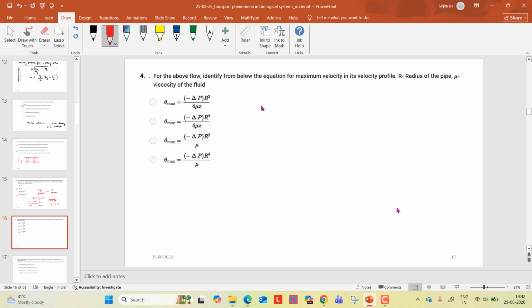So it will be R square by 4 mu into pressure drop. So it is option A. Minus delta P R square by 4 mu x. Okay.